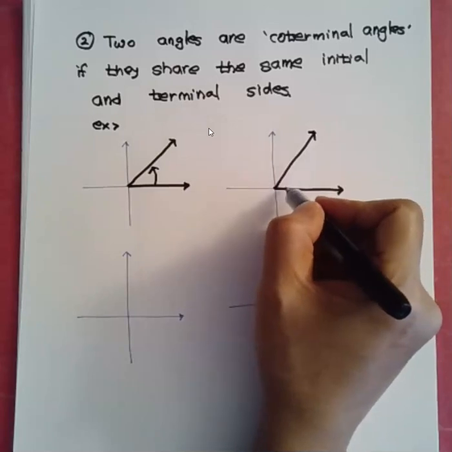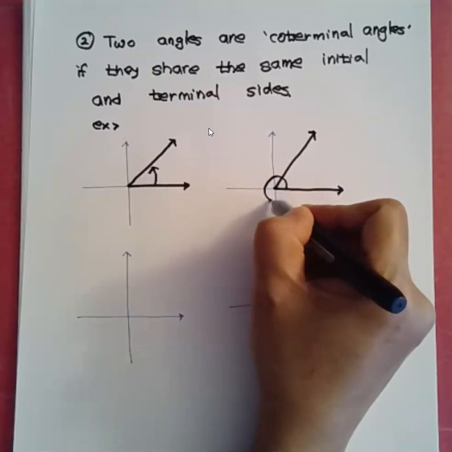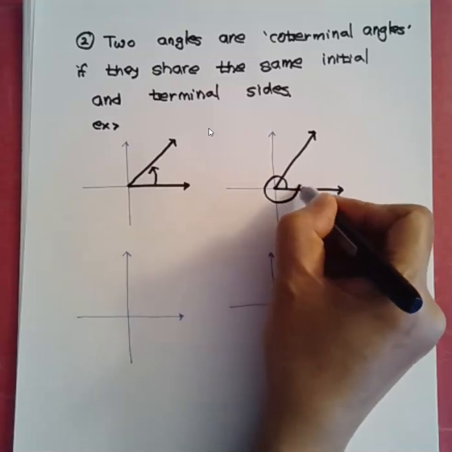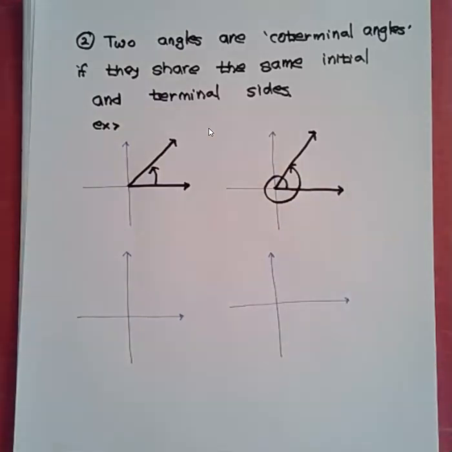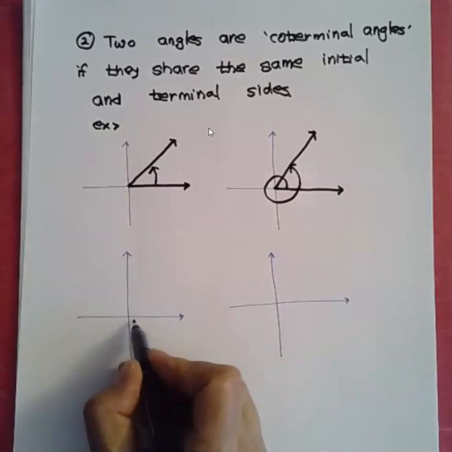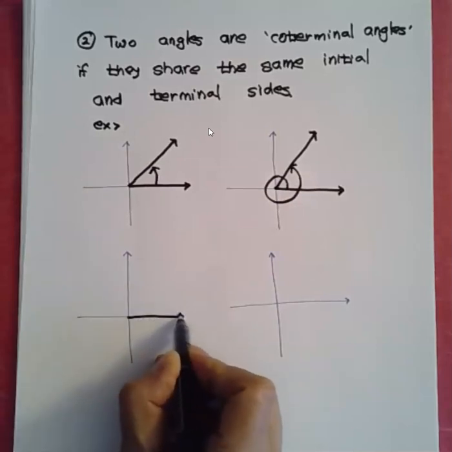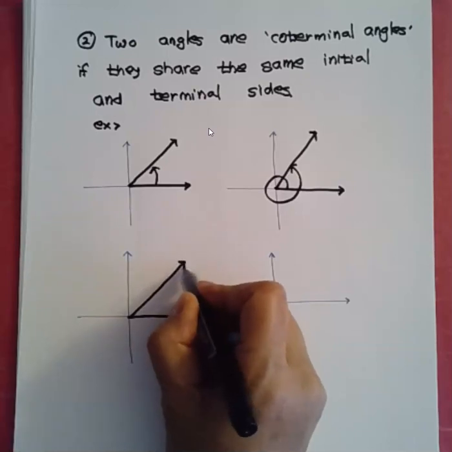This time we get to the point by counterclockwise rotation, but we make one more turn and then go further. Those two are coterminal angles.